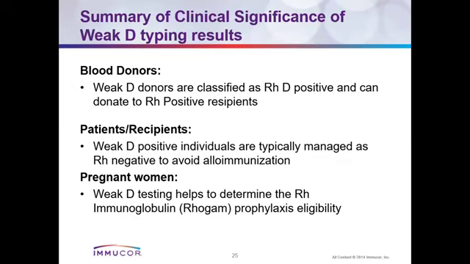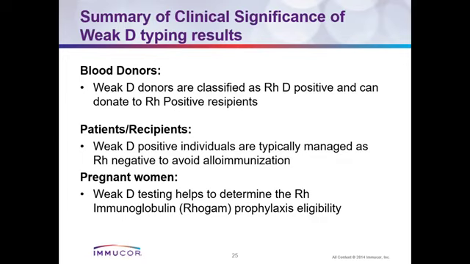So do they qualify? Are they eligible to also get the Rogam or not? Because remember, for those who are actually true negative, the pregnant women who are rhesus negative must be given the anti-D shot at week 28 and within 72 hours after delivery.